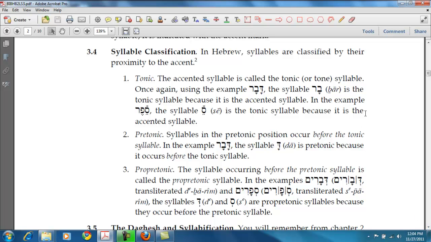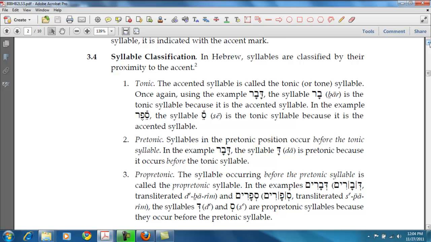In Hebrew, syllables are classified by their proximity to the accent. So the accented syllable is called the tonic syllable.